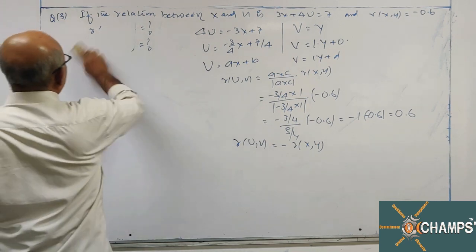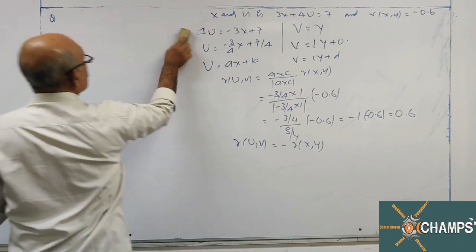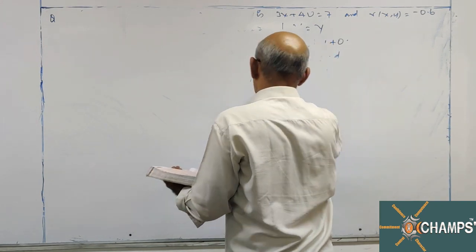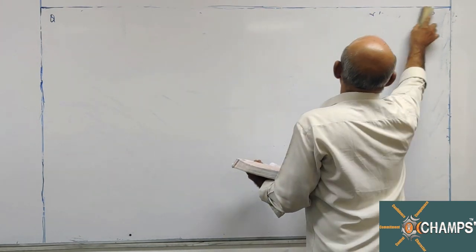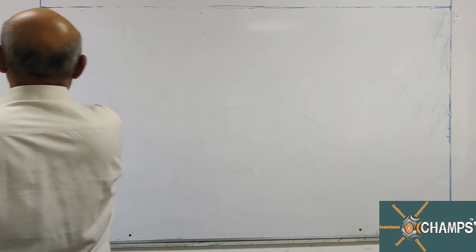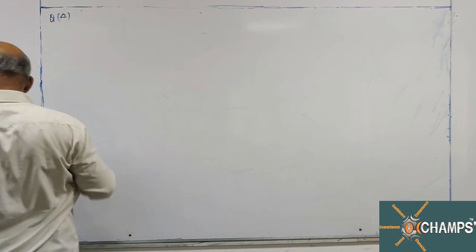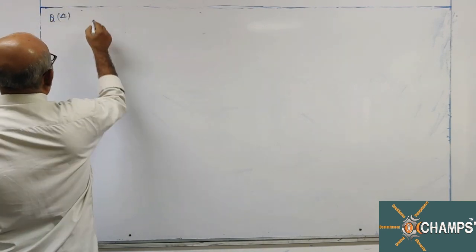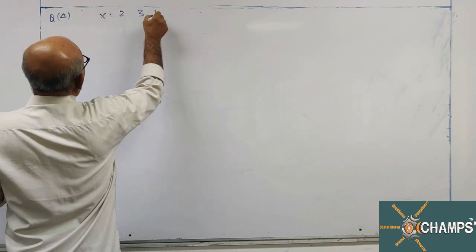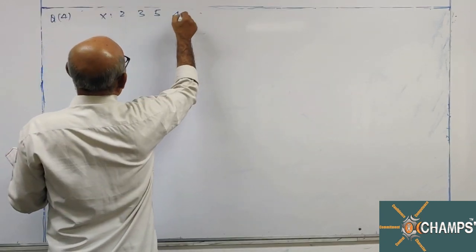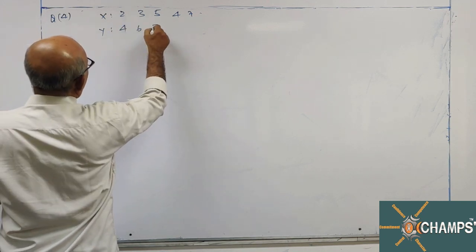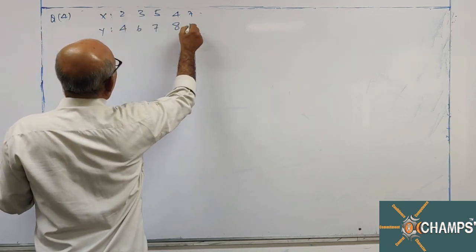Let us see the next question. Question number 4. X is equal to 2, 3, 5, 4, 7. Y is equal to 4, 6, 7, 8, 10.